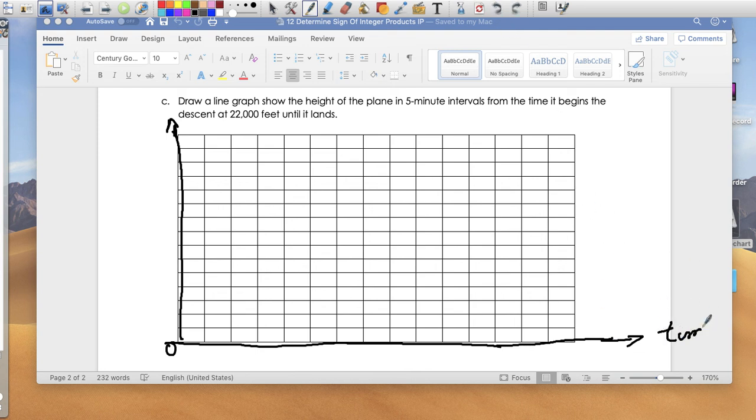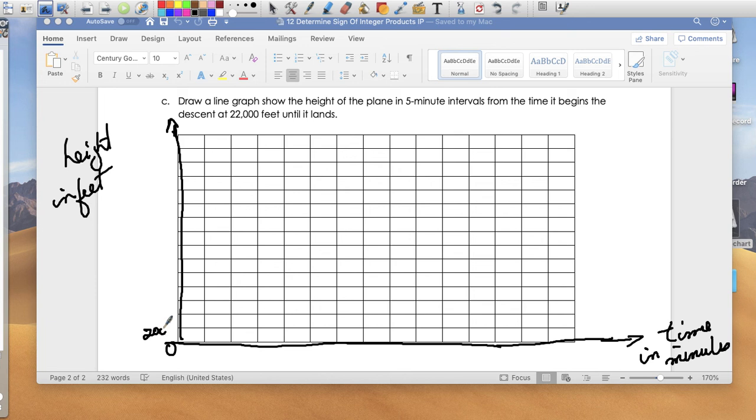And I'm going to write time in minutes. That represents my time in minutes. And this represents my height in feet. So at 0, not 0 hours, but before I start calculating, he was at 22,000 feet. So we have to find out how we're going to represent 22,000 feet. We can go by 2,000.